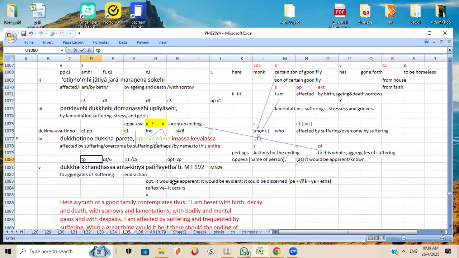I put a comma here just to tell you this and this are joined together. Entire and whole are the same. So it's up to you, so you don't get confused when "entire" suddenly becomes "whole". It's a matter of English. The whole aggregate of suffering. So this one is one line. This and this is one line.